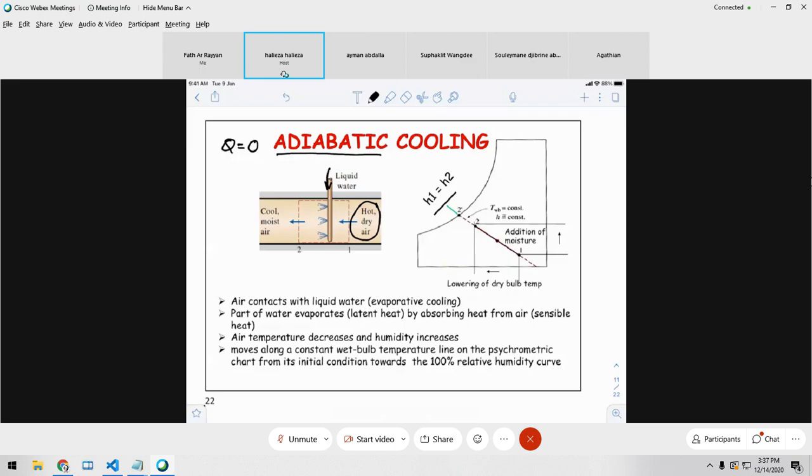Now the water droplets are sprayed into the hot air, and that water droplet will evaporate. So when it evaporates, it becomes water vapor. Initially, it's liquid water.